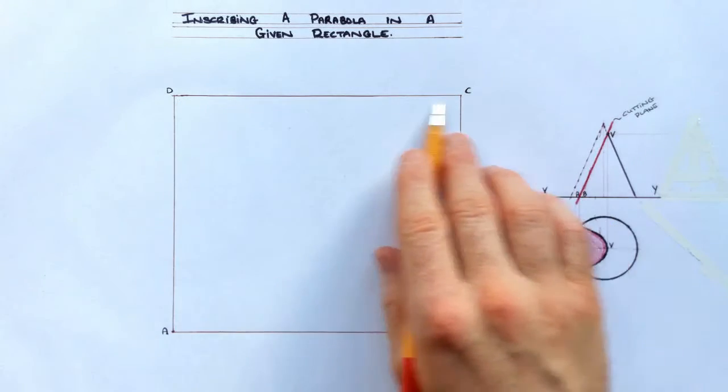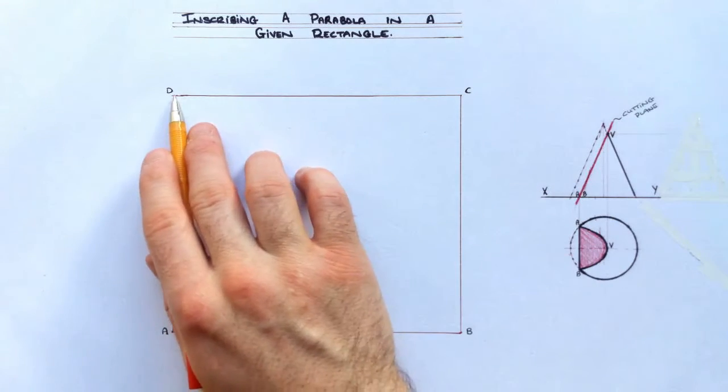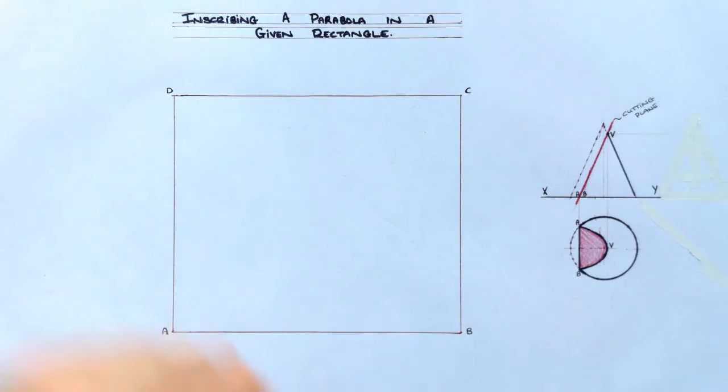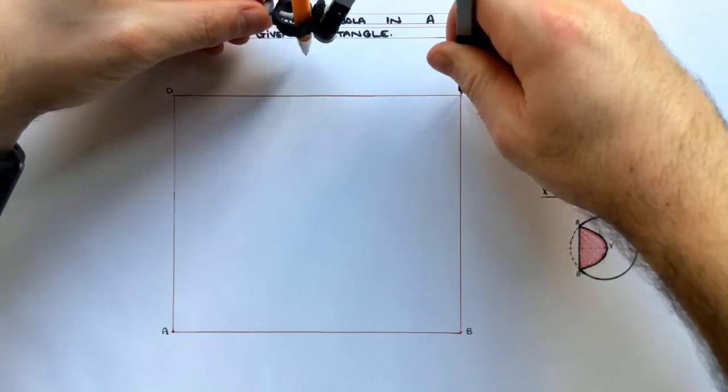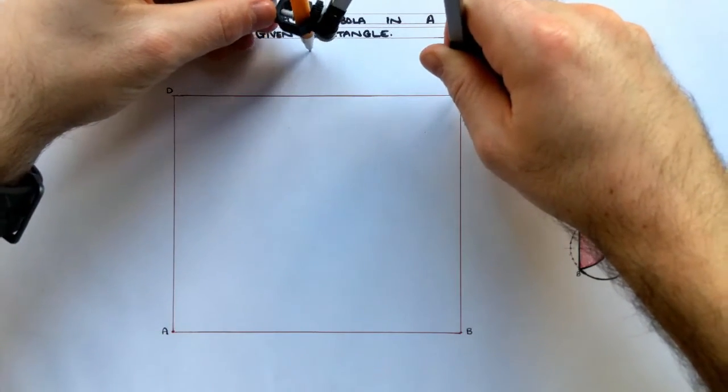We'd have to imagine the vertex is going to be right in the middle of the line DC or CD. So straight away, what I will do is bisect that line C to D. Just bisect that line, do it up here.